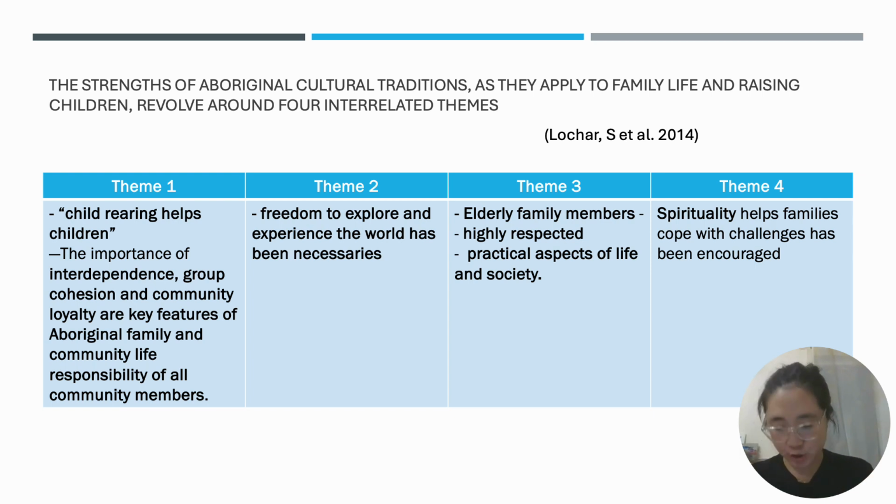Group cohesion and community loyalty are key and very important features for Aboriginal families. It is the big responsibility of all community members. It's not just the family raising children; all community members are involved.